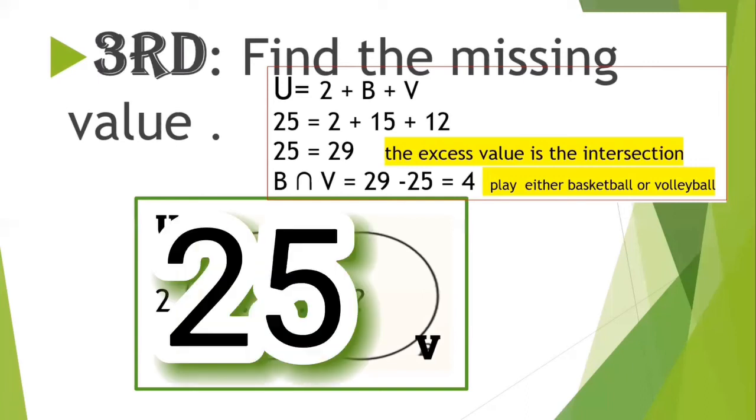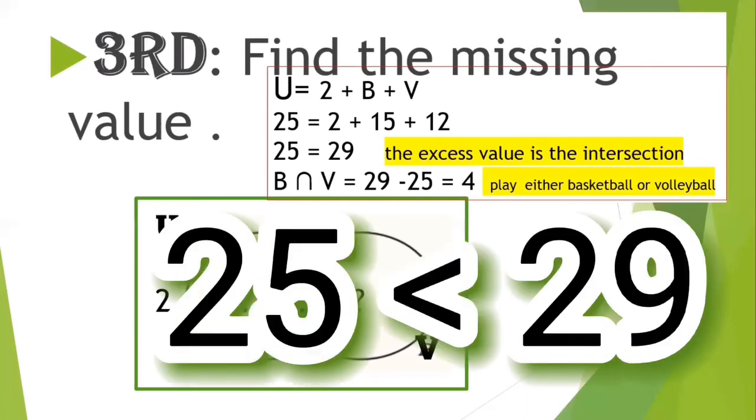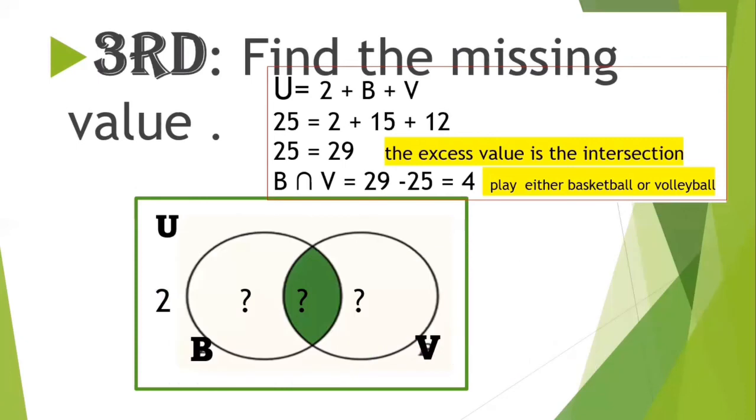Kapag lumagpas ang given number sa cardinality of a universal set, that will become our intersection. Therefore, this 4 here, ayan o, the excess value is the intersection. Excess value, ibig sabihin, yung sumobrang value or cardinality from the given universal set will be our intersection.